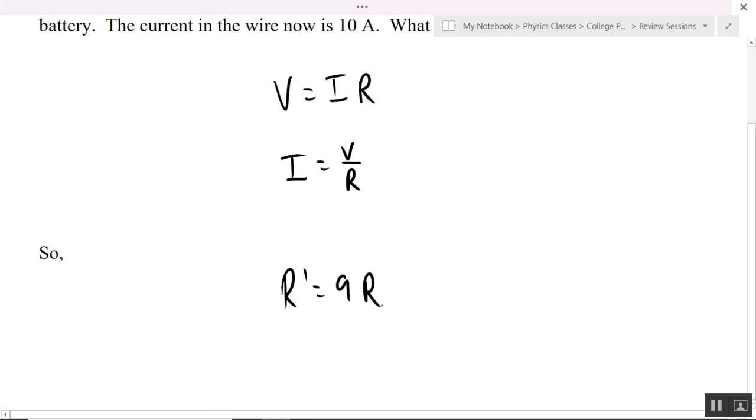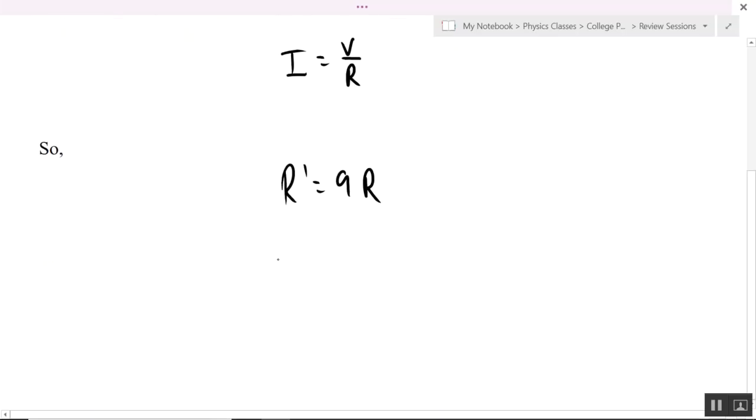Okay, that's step 1. Now, you have to figure out how do you make the resistance of a wire bigger. To answer that question, you have to look at this equation for the resistance of a wire. So we're making the resistance 9 times bigger, so there's 2 ways to do that, right? Increase the length or decrease the area. So what's going on here when you reshape the wire?